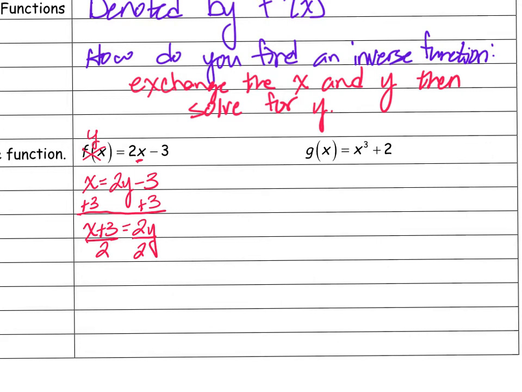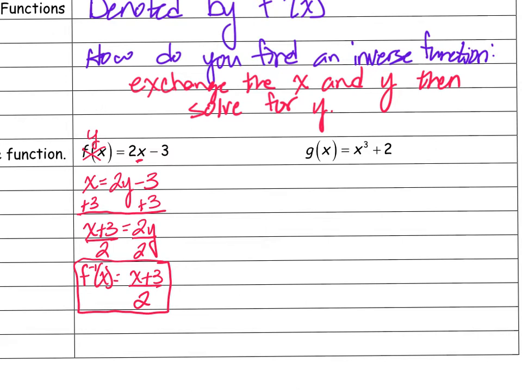So my function was f, so I'm going to say f inverse of x. So I know this is the inverse of my function. The inverse of my function is x plus 3 divided by 2. And I'm done, and that's all.